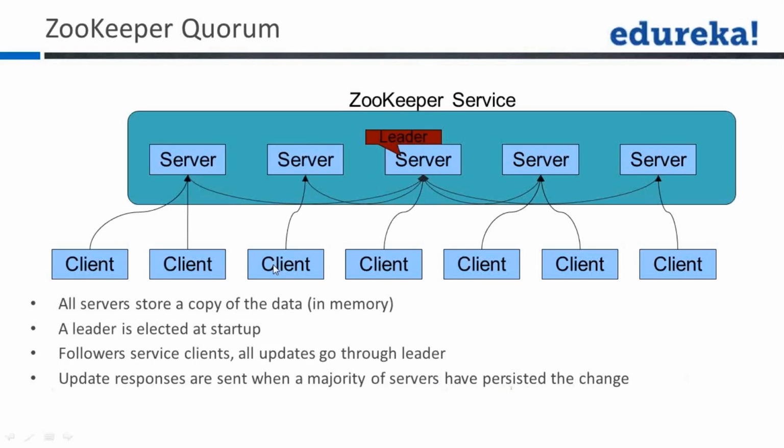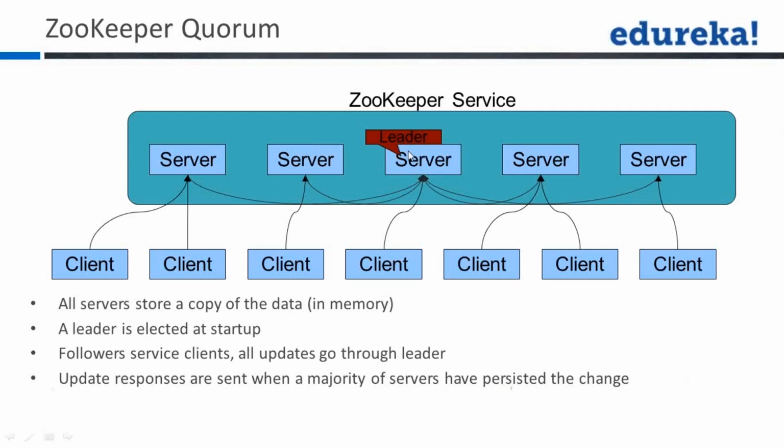So ZooKeeper Quorum, the quorum peer. Why is it called quorum peer? Because in actual production, you will not have one ZooKeeper server. You will have multiple ZooKeeper servers in the quorum peer, but one of them will become the leader, because it has grabbed the leader node.